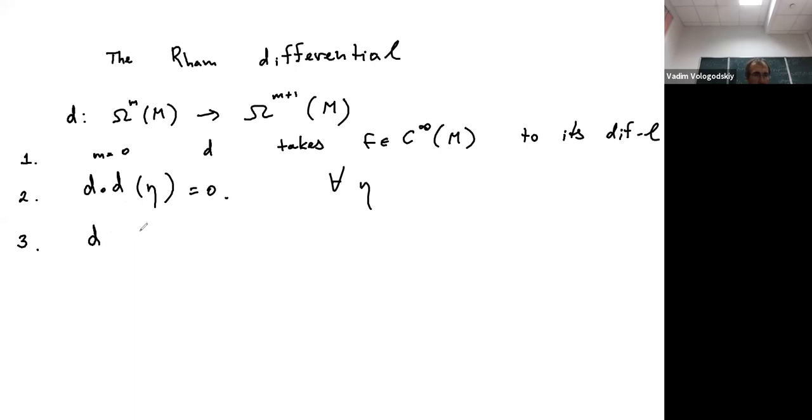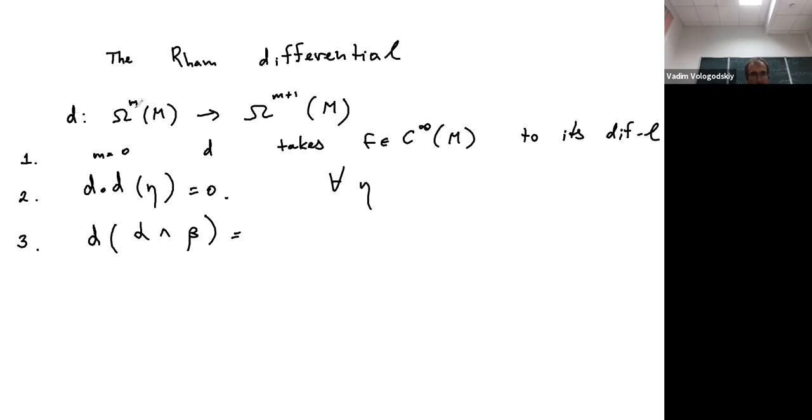And property 3 is that d satisfies the Leibniz formula. So the Leibniz formula takes the following form here. Alpha and beta are going to be forms. And so the differential of the product, well, it cannot be a product of differentials, right?